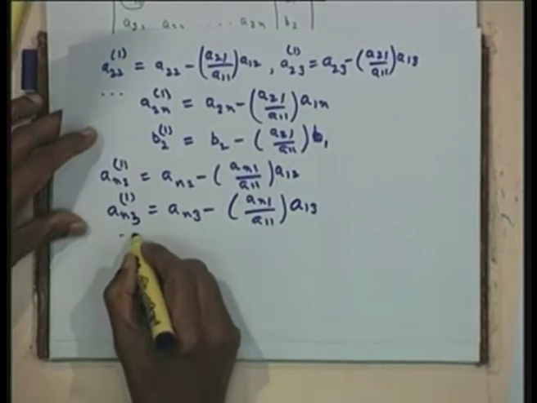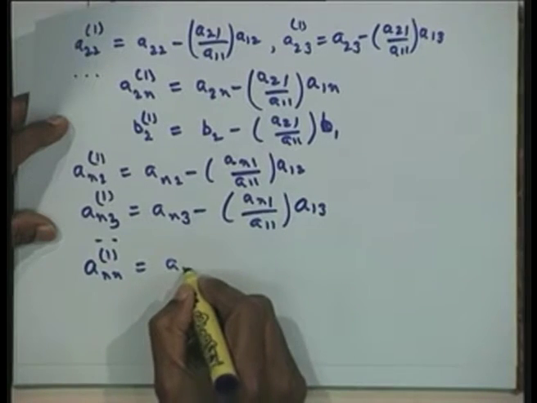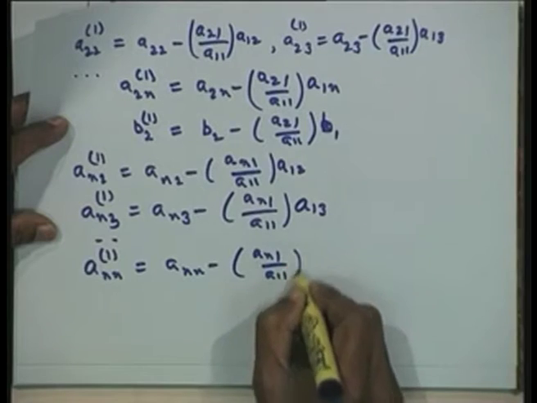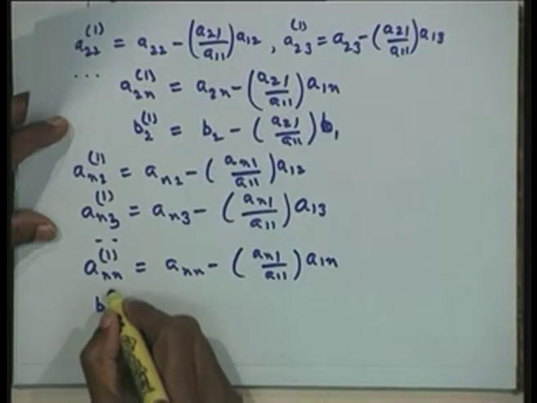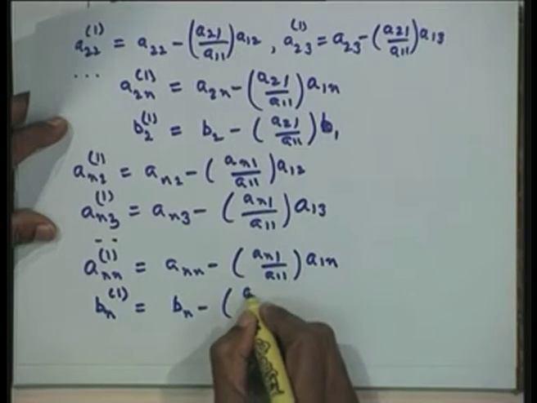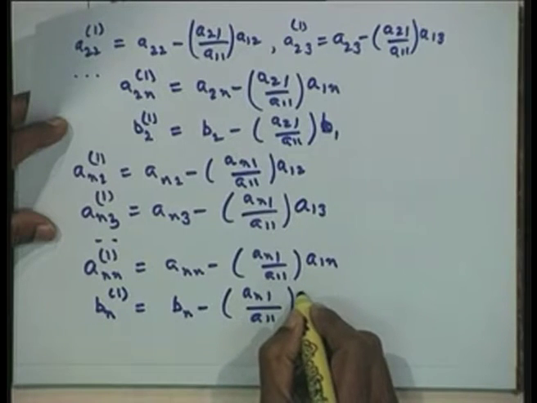And lastly I will have Ann is Ann minus An1 upon A11 into A1n, and the right hand side Bn is equal to Bn minus An1 upon A11 into B1.